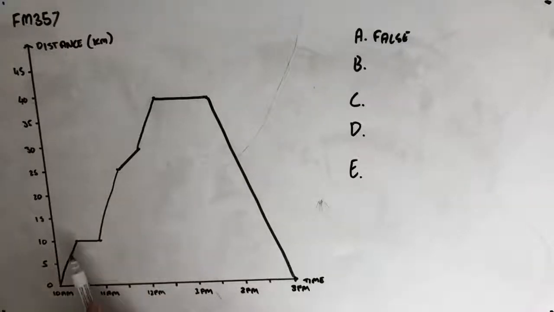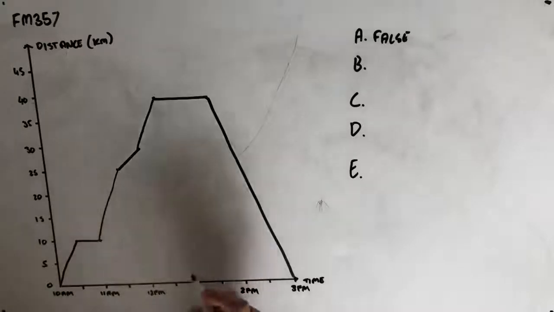And what we can see is that between 10:30 and 11 a.m., his distance isn't changing. And it's important to note that this distance is the distance from home. So he is constantly 10 kilometers away from home in this little interval here, meaning that he is standing still for that little half an hour. So maybe he took a break, but it is false that he is getting closer to home in that time.